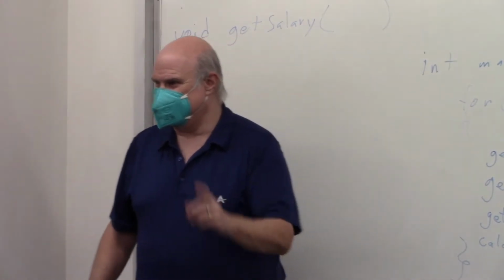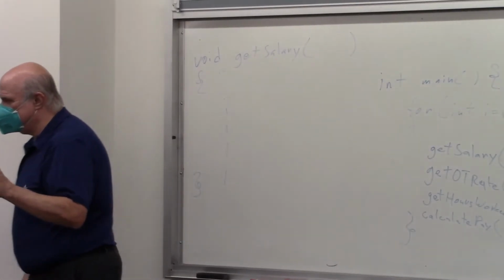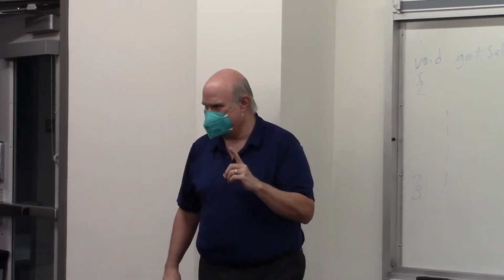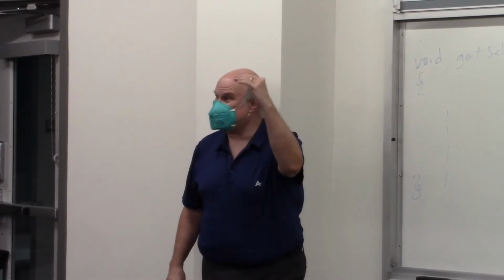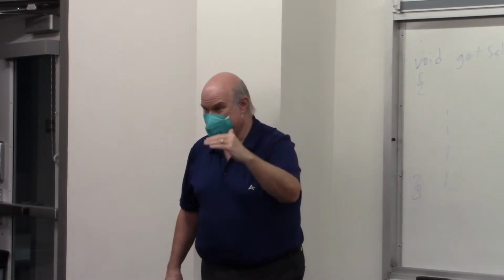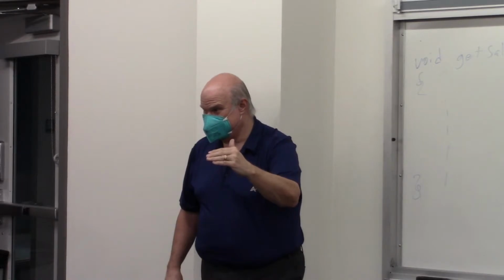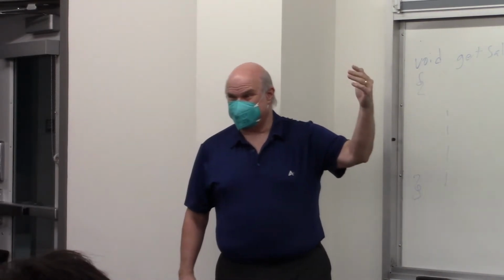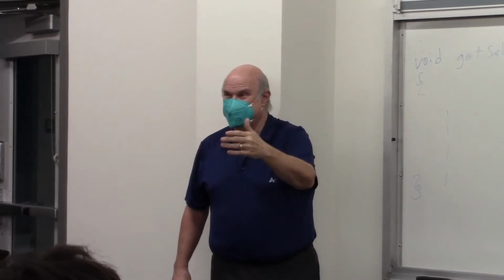Okay, let's talk about his point first, that something has to be declared before you use it. In C, everything has to be declared in some way, shape, or form before it is used. In other words, the compiler has to know about it before it can let you use it. If you haven't defined integer x, or on the previous exam, if age was not declared, that would give you a syntax error.